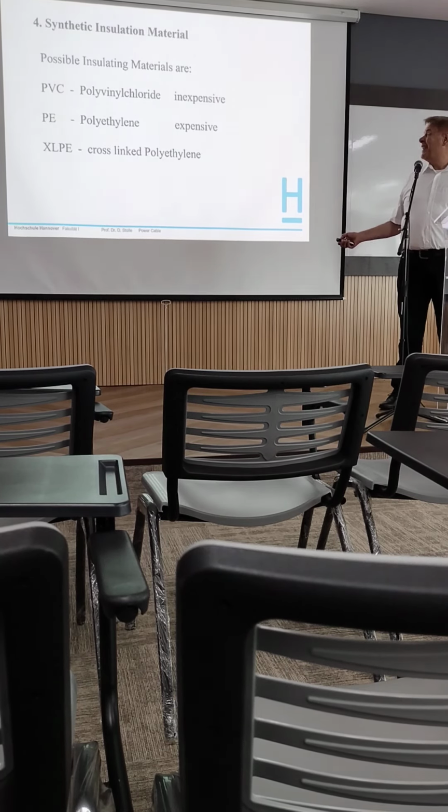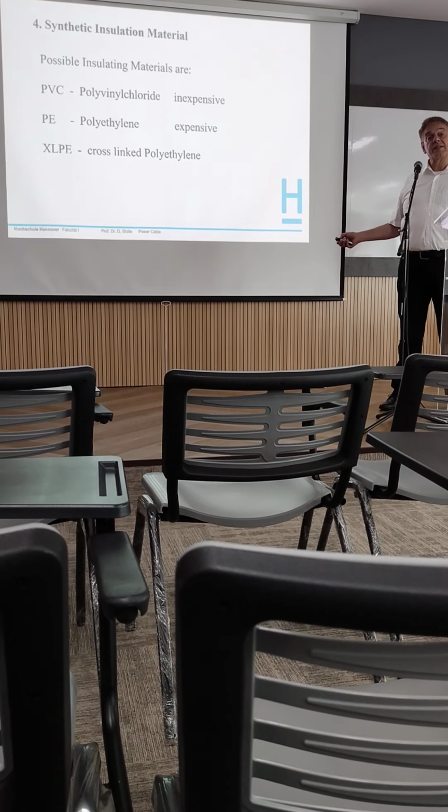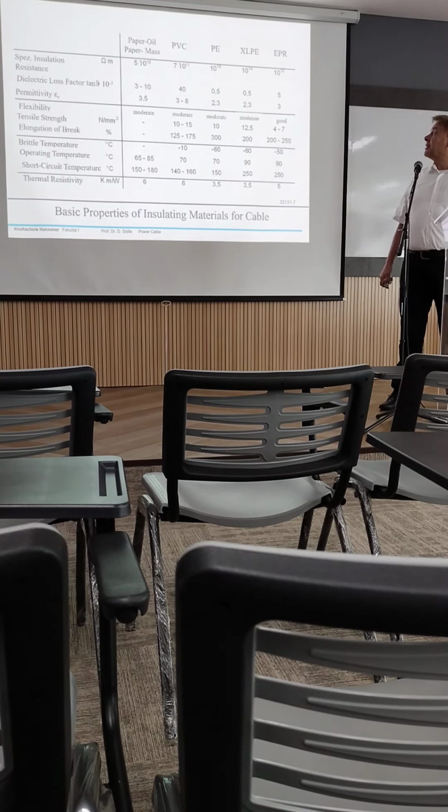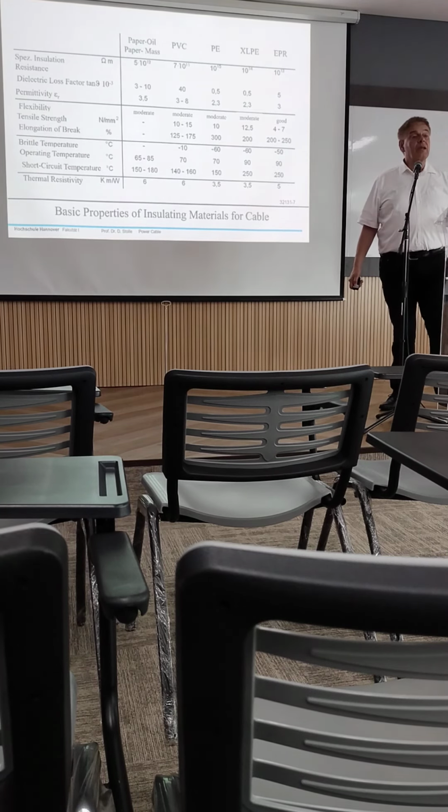And then, I will explain later what this is, you can use cross-linked polyethylene. And you can use EPR, ethylene propylene. I'm not sure if it's used in Malaysia. So let's talk about these materials, with some figures of these materials.